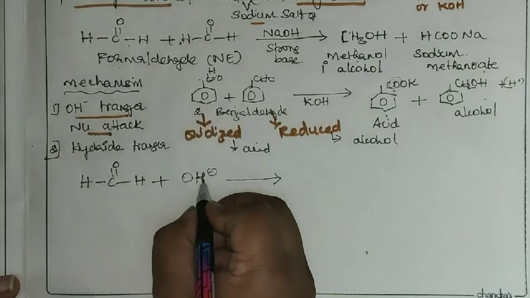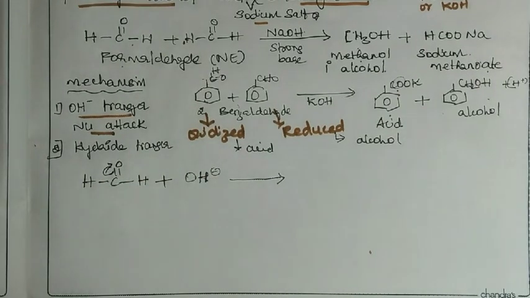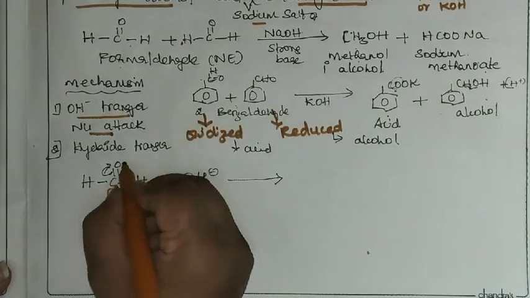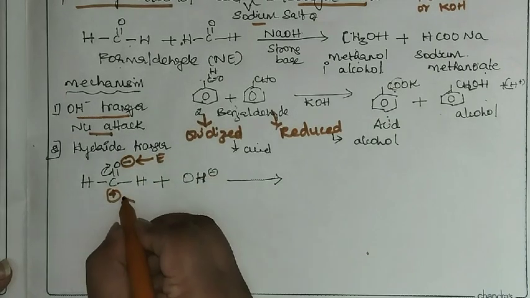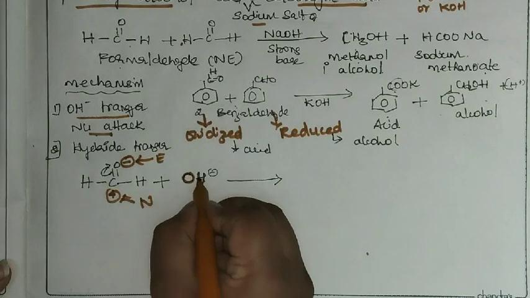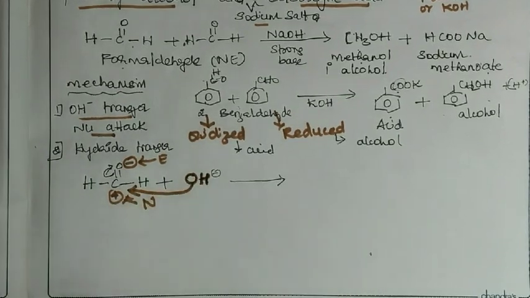Where will this hydroxide ion attack? The carbonyl carbon is always electron deficient and oxygen is electron rich; this is the site for the nucleophile and this is the site for the electrophile. Now the hydroxide ion will attack the electron deficient carbon.